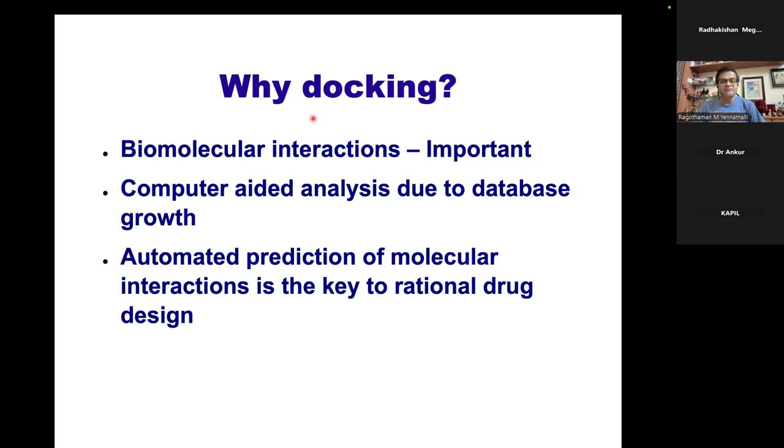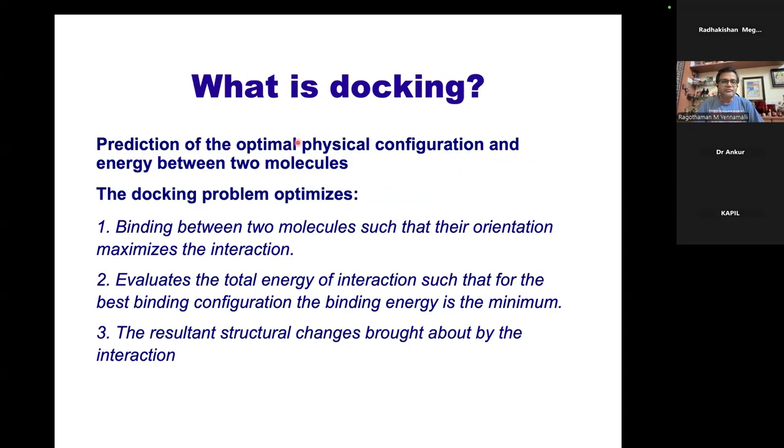That is virtual screening, which is part of molecular docking. So what is docking? Here we are predicting the optimal physical configuration and energy between two molecules. That is the main idea.